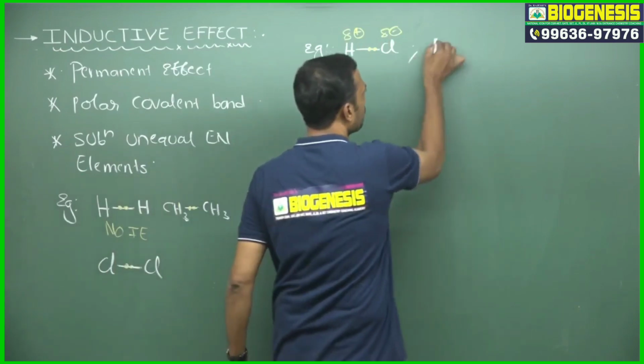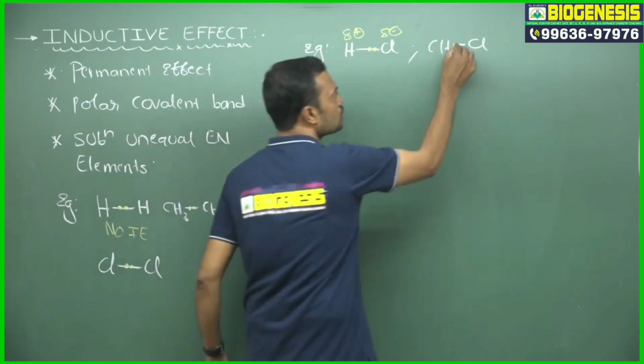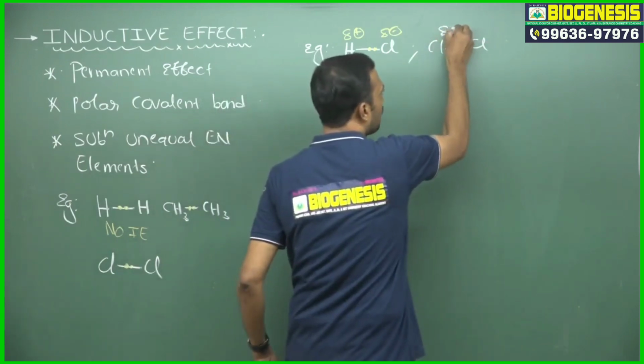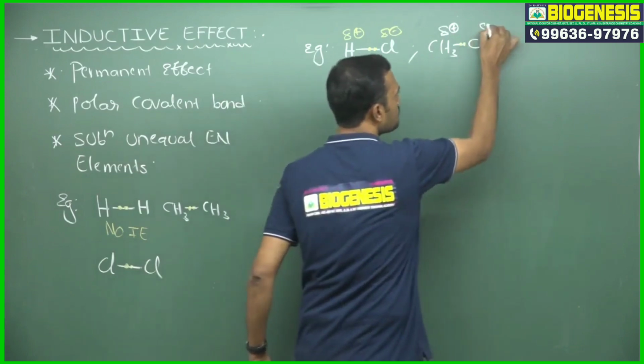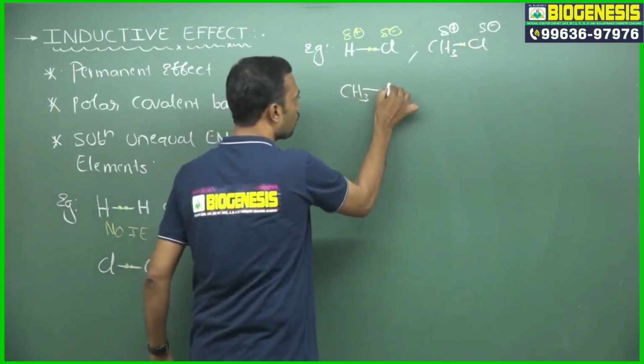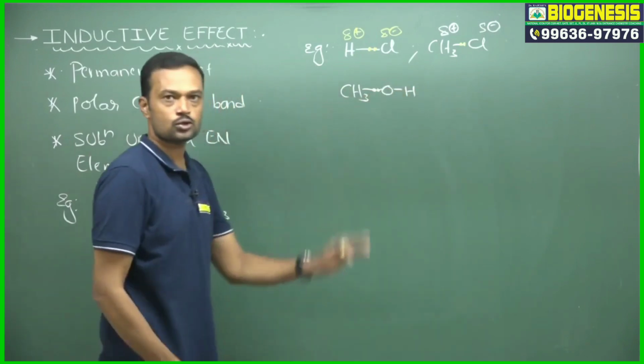And even if you take methyl chloride, see, in methyl chloride the shared pair of electrons is going very close to chlorine. So here carbon is bearing partial positive and chlorine is bearing partial negative. Okay. In the same way, if you take any alcohol, see, I am taking an alcohol like this. Now the shared pair of electrons is moving very close to oxygen.